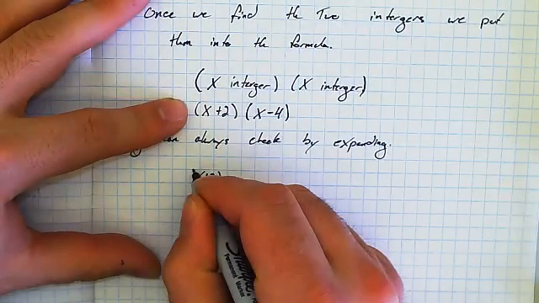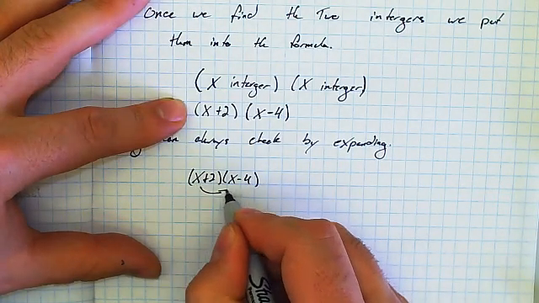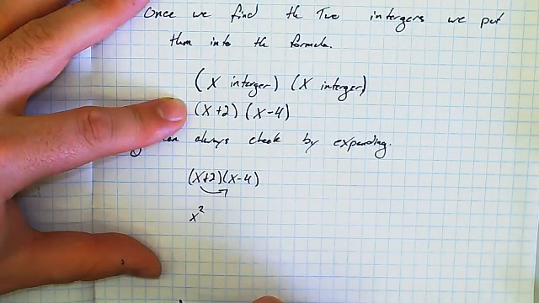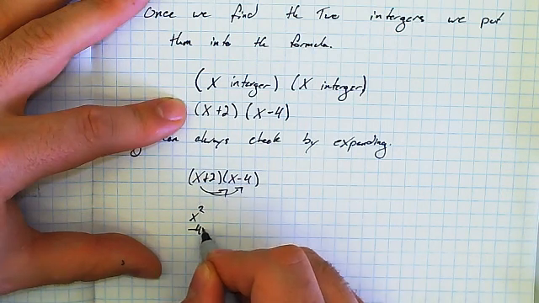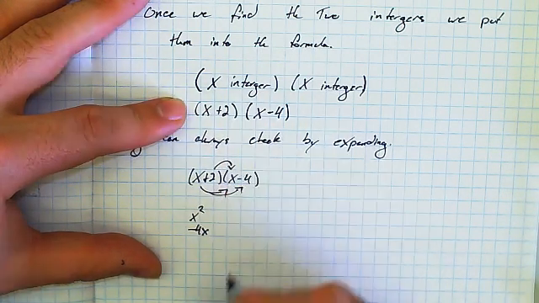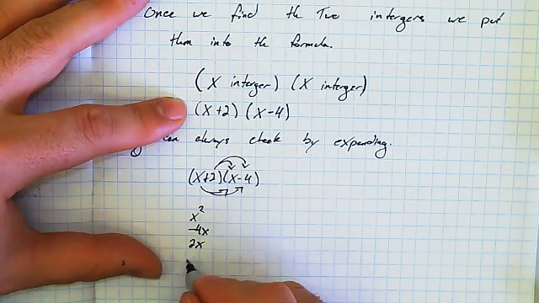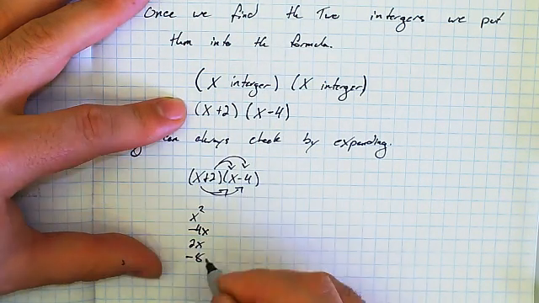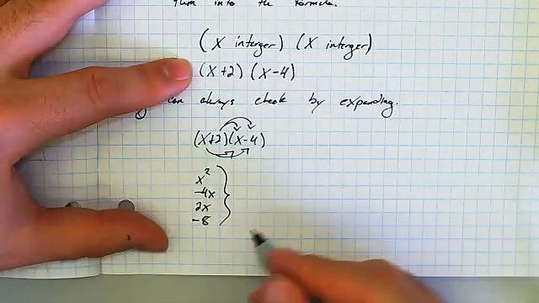And again, just like we did with simple factoring, we can always check our answer by expanding, which, if you have lots of extra time on a test, it's never a bad idea. x times x is x squared. x times negative 4 is negative 4x. 2 times x is 2x. 2 times negative 4 is negative 8.